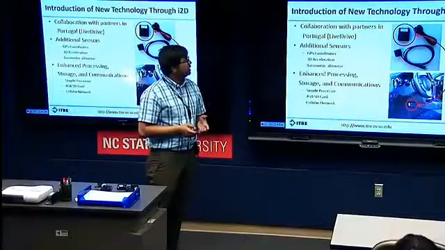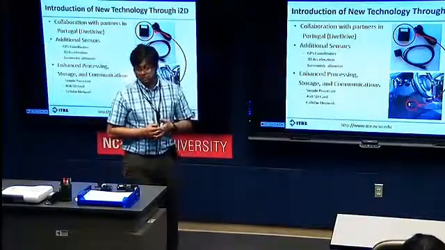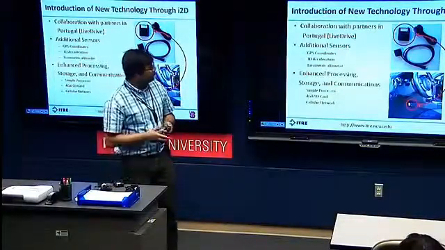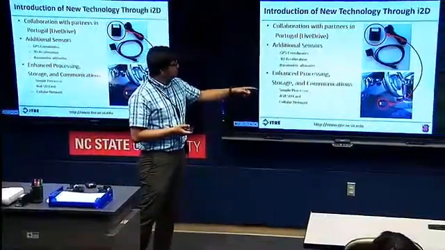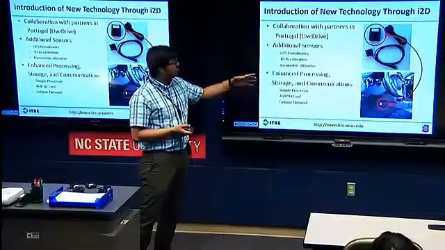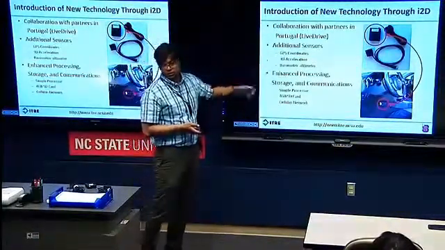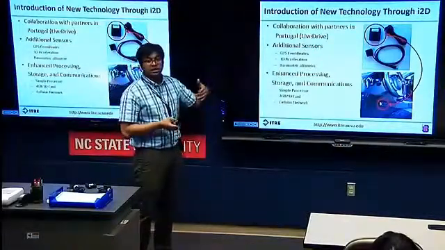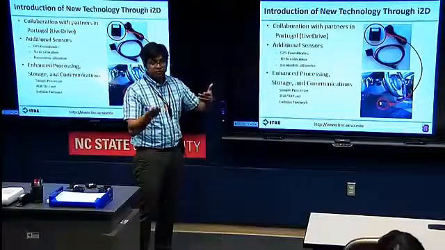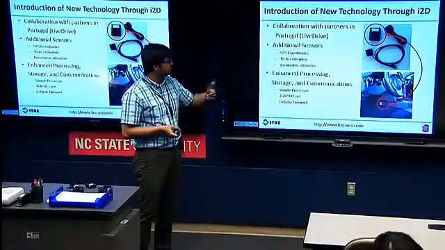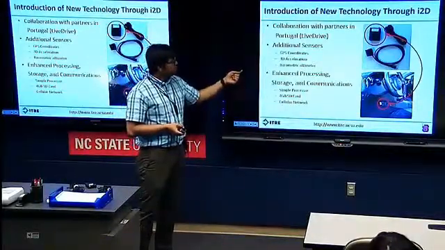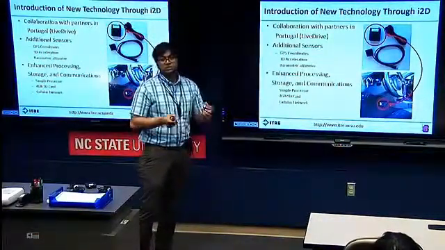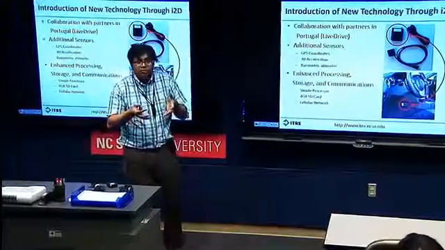So what we did, along with our partner in Portugal, who built this system for us, is we tapped into that port, and we said, if we put some additional sensors, like a GPS that can give you the accurate location, an accelerometer or 3D accelerometer that gives you the lateral and longitudinal acceleration, and vertical also, and an altimeter, and then we put some simple processor, because the data that is coming from the car computer is huge.